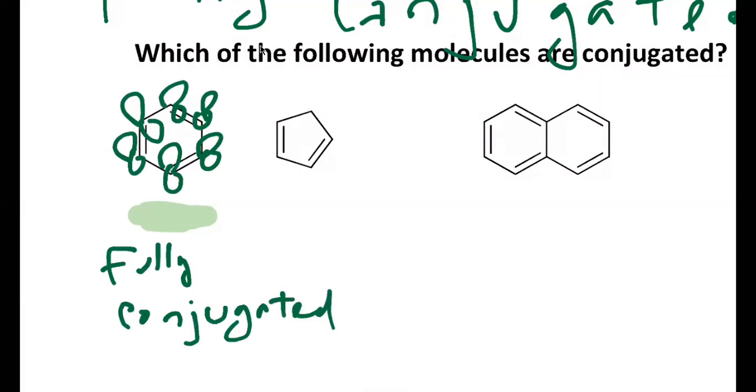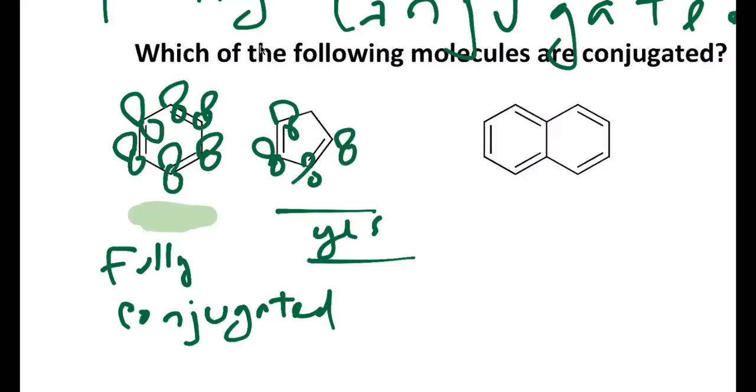All right. What about the next one? Is it conjugated? It is, but it's not fully conjugated. Good. All right. There's a p orbital on these 4 carbons, so it is conjugated, but it's not fully conjugated. Right. What about the naphthalene system, the fused ring system here?